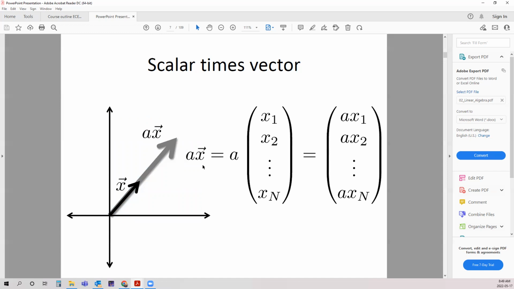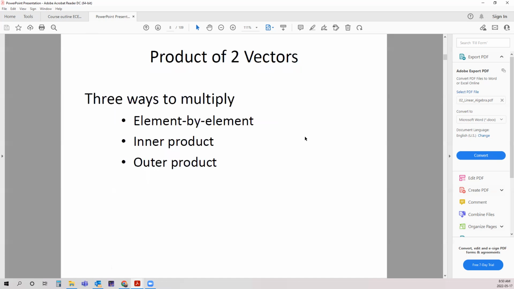For example, if we have a and a vector x consisting of x1 to xn, and we multiply it by a, then the new scaled vector would be ax1, ax2, and so on, where a is any numeric scale that we choose.